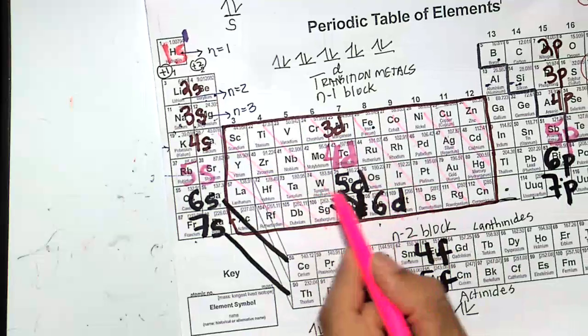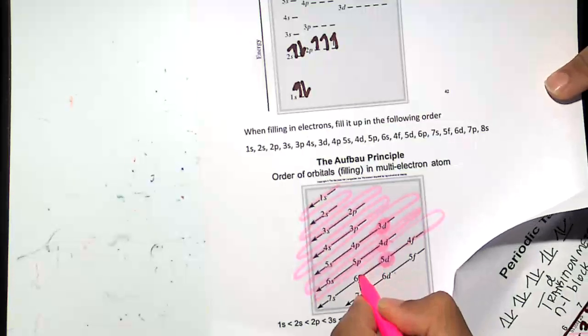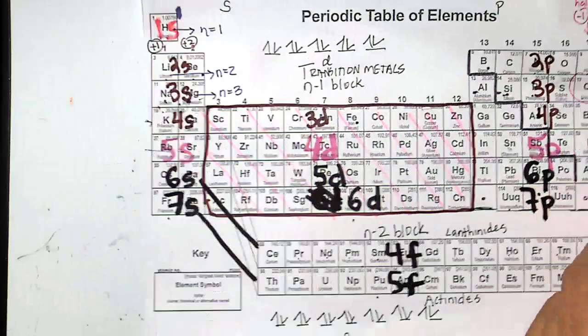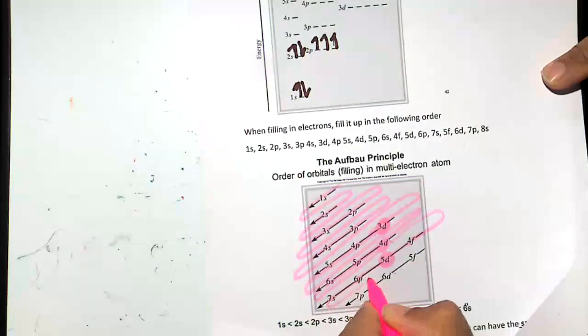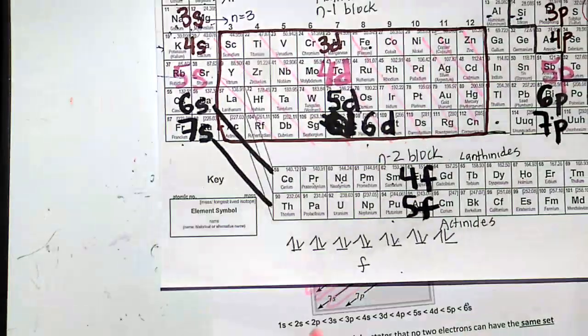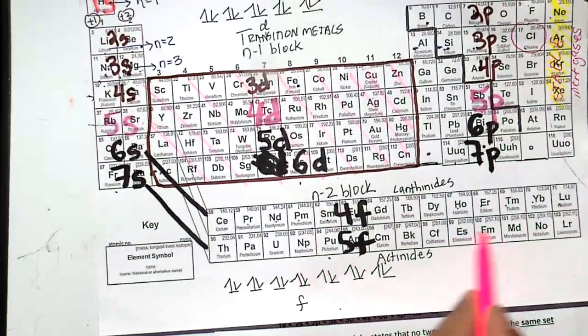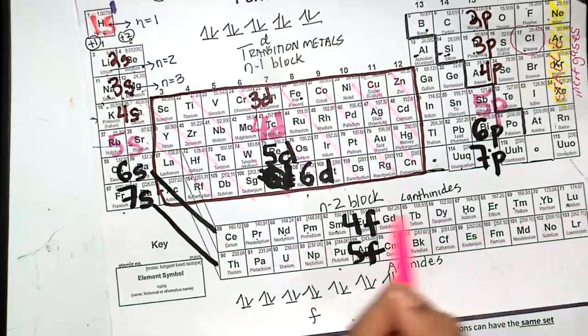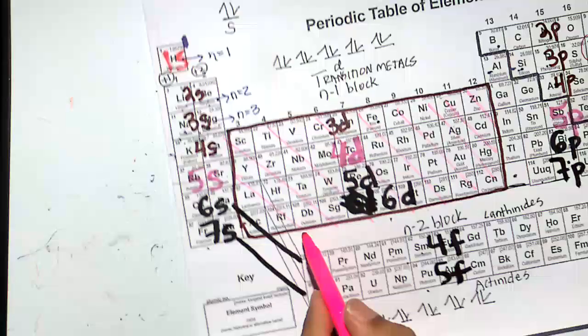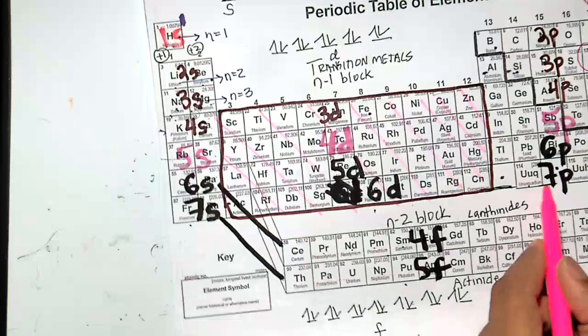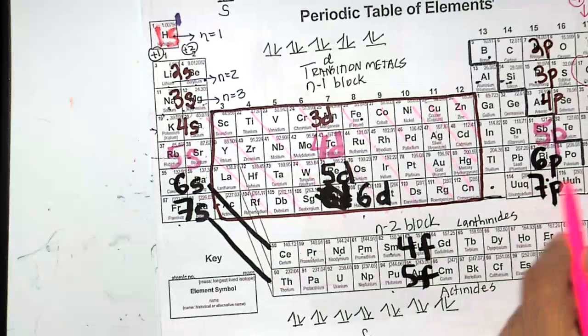After 5d, where will they go? 6p, right here at the p block. And then the 7s, and then after 7s, where will they fill? 5f. After 5f, where will they fill? 6d. We're at the d block, and then we go to the p block and finish it up.